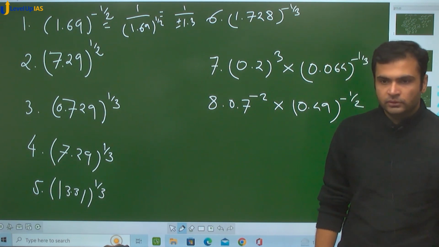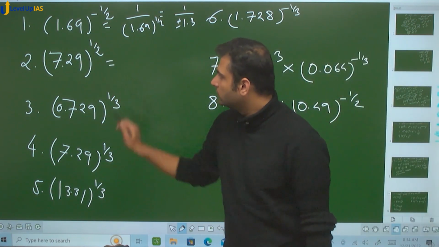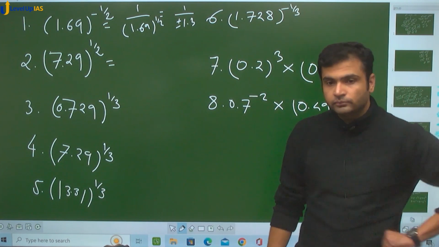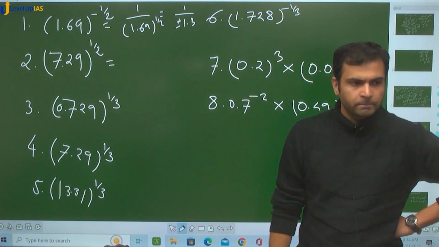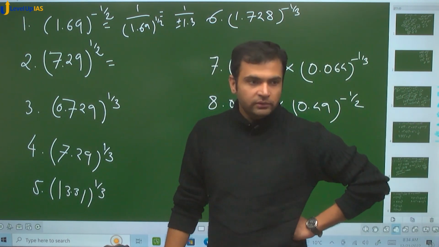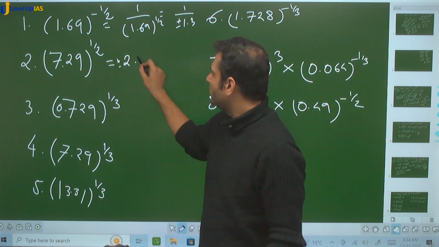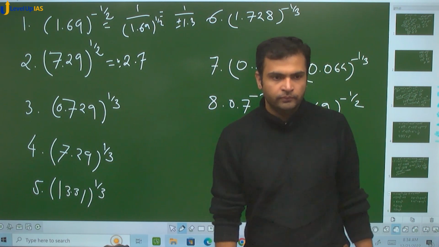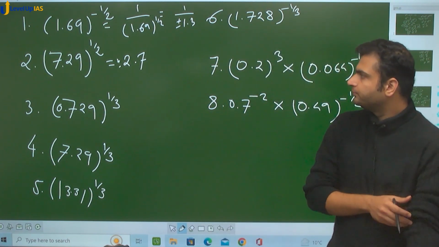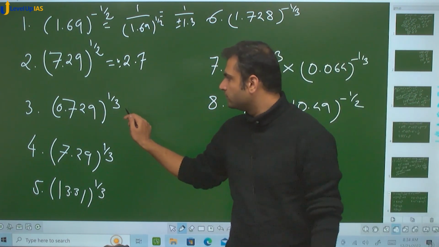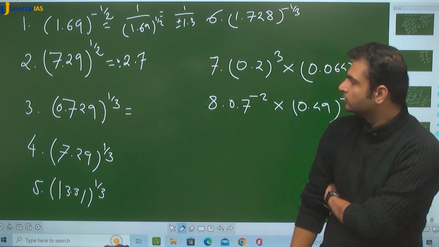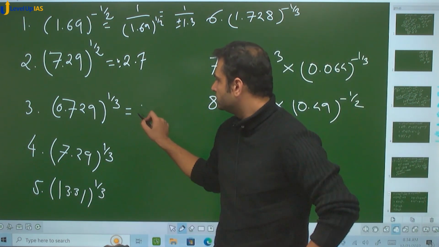Right? What is this? It is the square of 27. This is plus minus 2.7. What is this? 0.9.